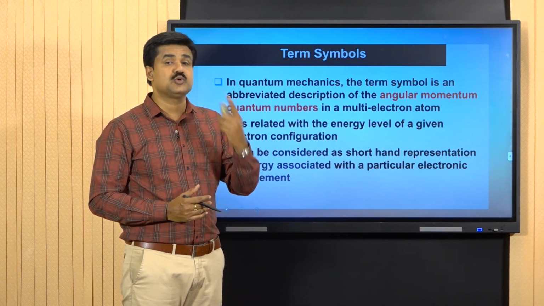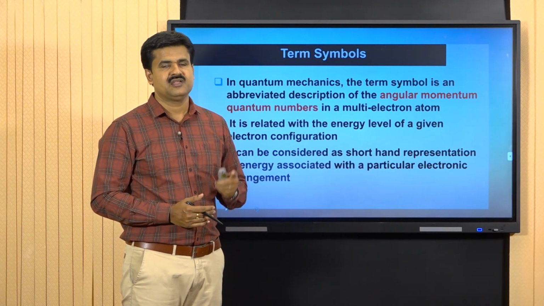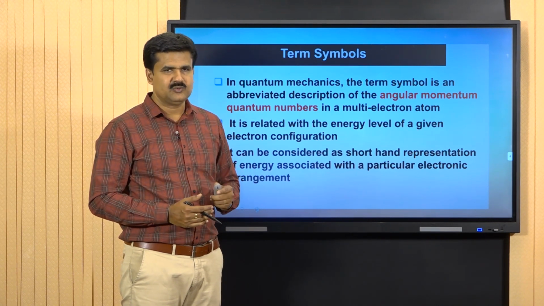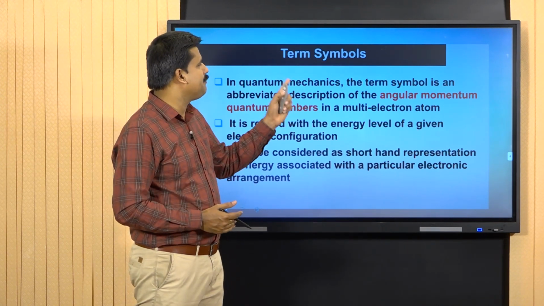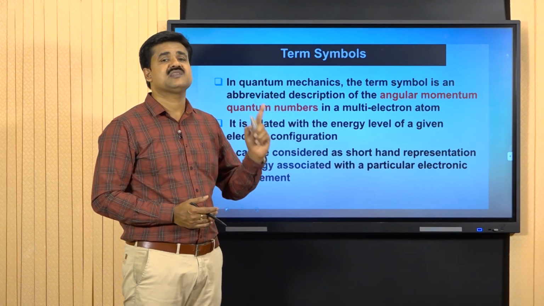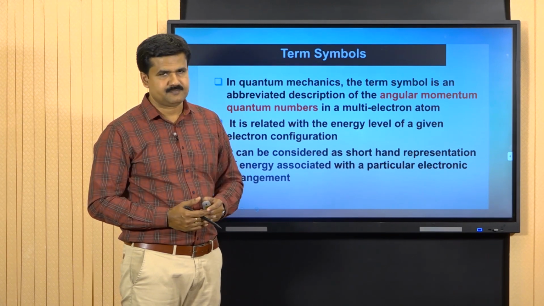Angular momentum has two components. For an electron, there are two components of angular momentum. They are the spin component and the orbital component. So the term symbol is an abbreviated notation, description of the spin as well as the orbital angular momentum quantum number in a multi-electron system.